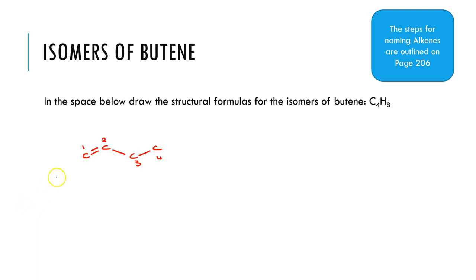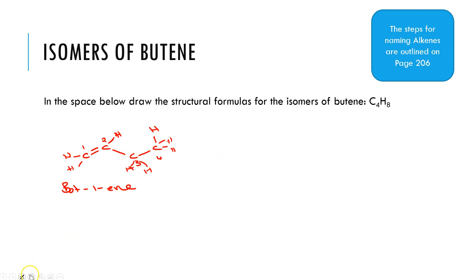So if I put my double bond in here, this will be CH2, CH, these two here. So there would be this one, which is going to be but-1-ene.